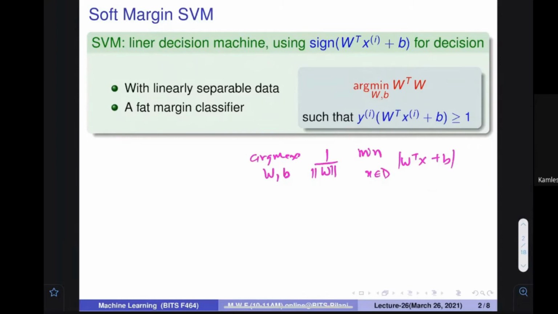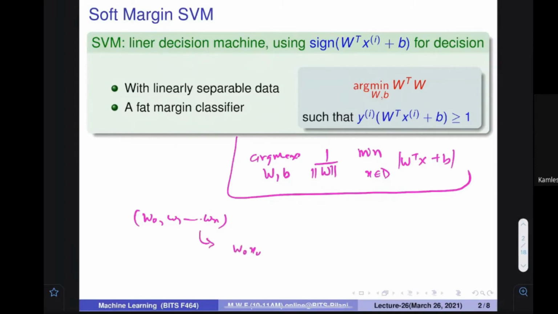Now, when we are in this particular scenario, we have a very important observation. Let us hold on this particular equation for a few minutes. I told you in the previous class, from the very beginning, that if I give you a vector, for example w0, w1, dot, dot, dot, wn, and I give you a plane, that is w0 x0 plus w1 x1 plus w2 x2 dot dot dot is equal to 0.